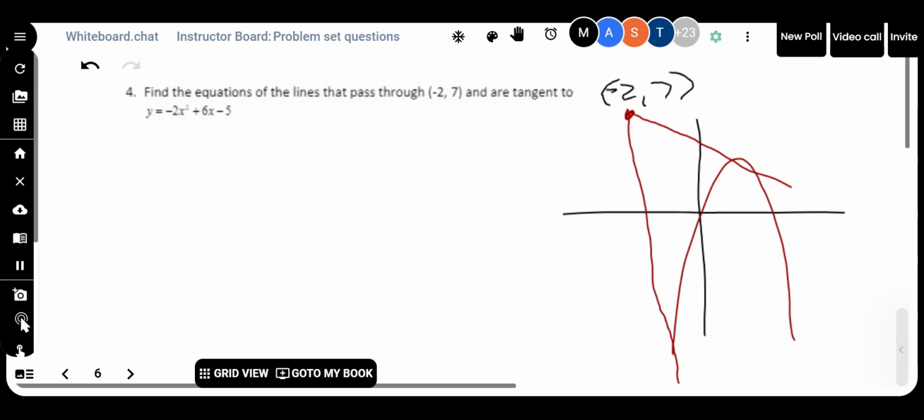And what's happening is that it creates a tangent from that point to 2 points on the curve. There's a tangent line from that point leading up to that -2, 7. So both lines connect at -2, 7, and both lines touch the curve at those 2 tangent points, right?